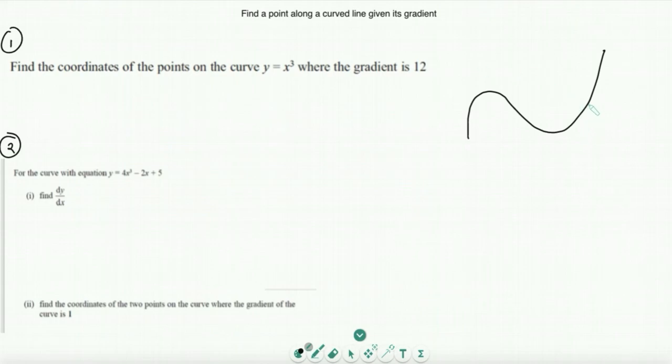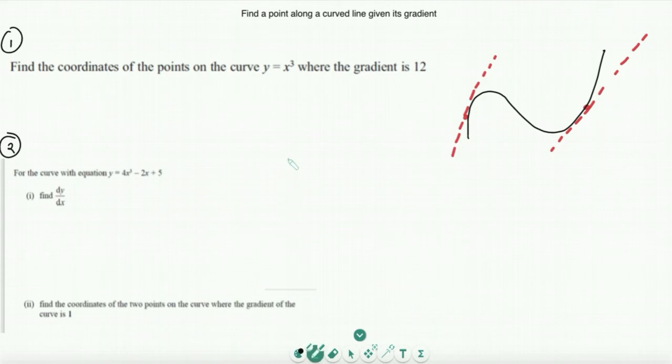Well, I think it's going to be here, perhaps. Because if I were to draw a tangent at this point, this looks fairly positive. It looks like it has a gradient of 12. Perhaps it could also be here. If I was to draw a tangent, this also looks like a gradient of 12. There could be 1 point or 2 points or multiple points. We're going to find out.